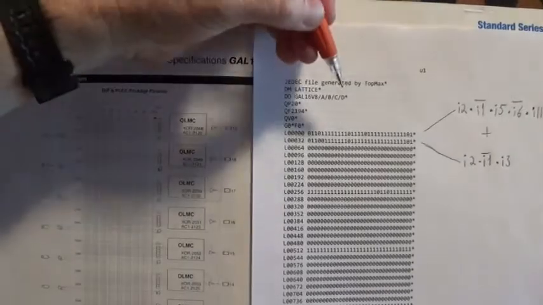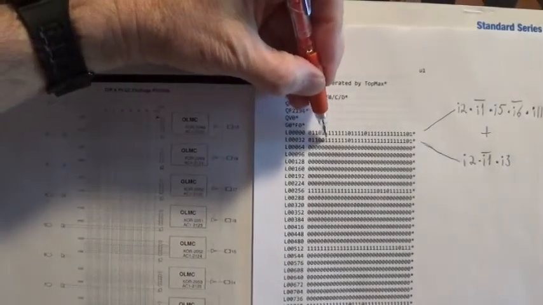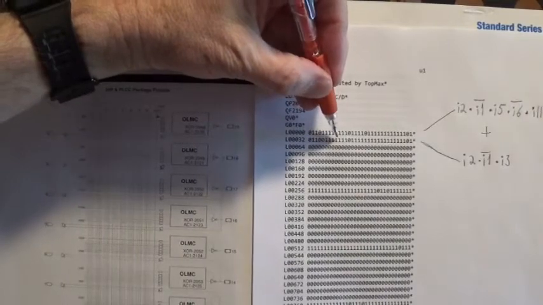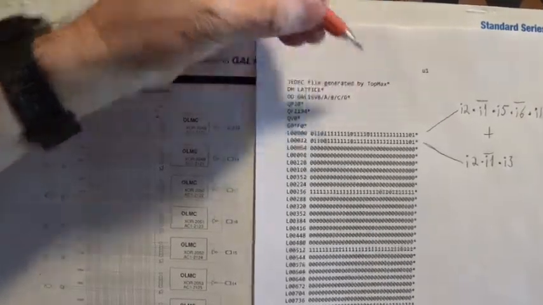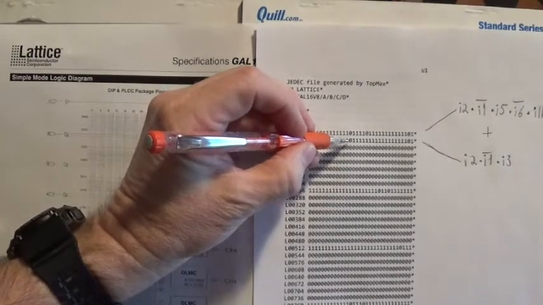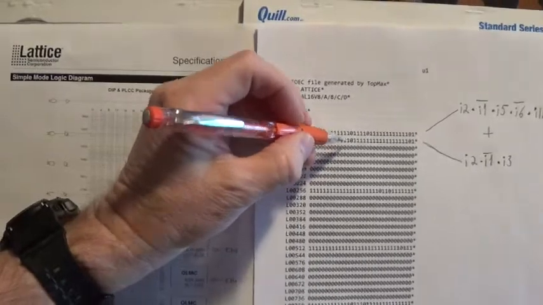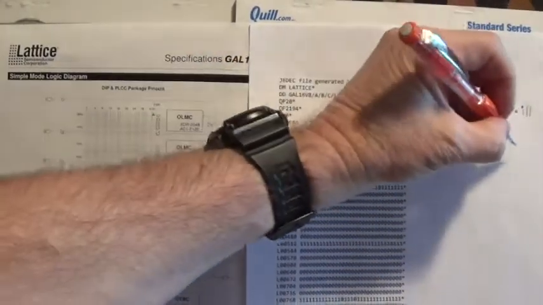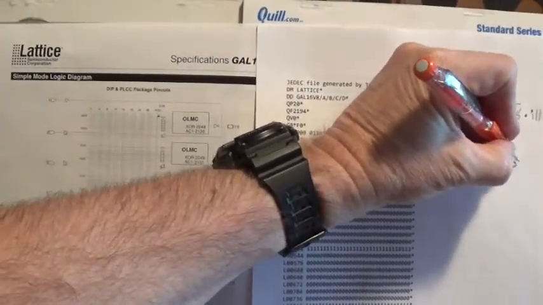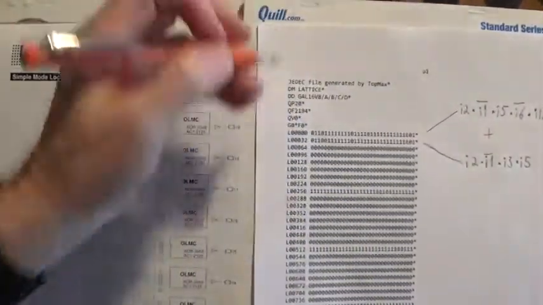Okay, let's find the next one. 0, 1, 2, 3, 4, 5, 6, 7, 8, 9, 10, 11, 12. Look at that. Position 12 in the array is underneath that one we've already done. And that was in 5. Okay.